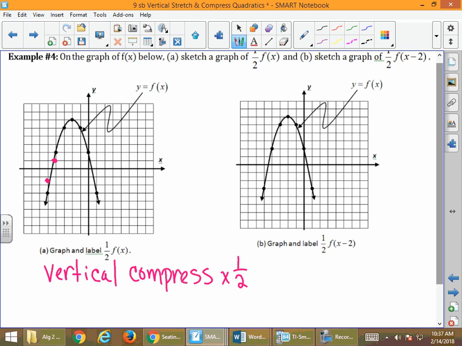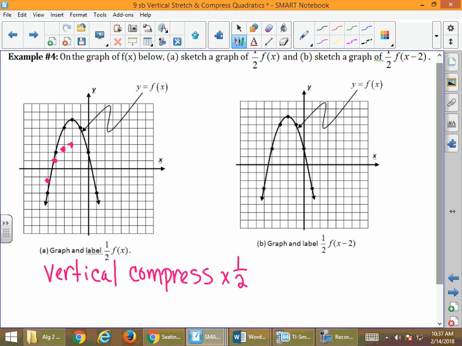Next point, 3, 5. 5 times 1/2 is 2.5. At our vertex, which is -2, 6, half of 6 is 3. It's our y value that we're multiplying by. We're multiplying by 1/2 because 1/2 is in front of the function.